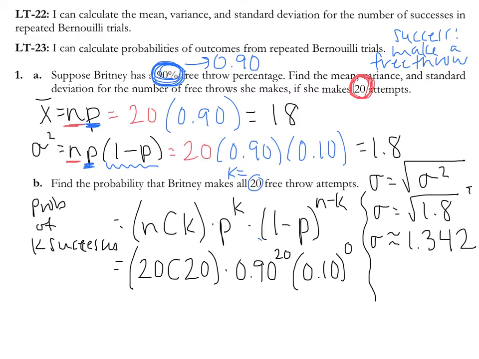So just as a reminder how we do this on our calculator, what we're going to do first is, inside parentheses, we're first going to type in the first number, 20. Now to get this choose thing, you need to go to the math button on your graphing calculator.